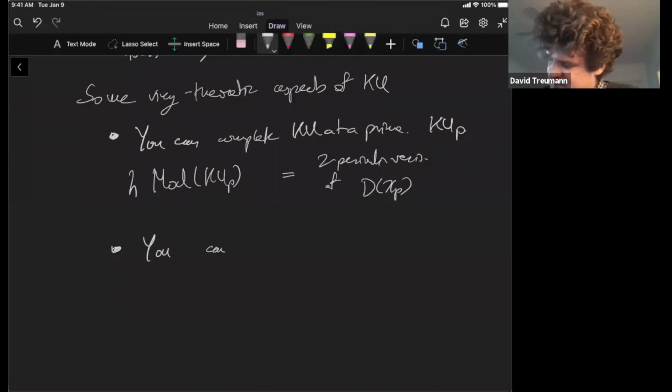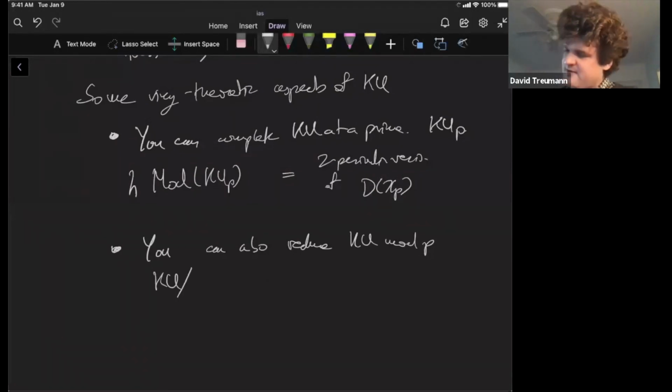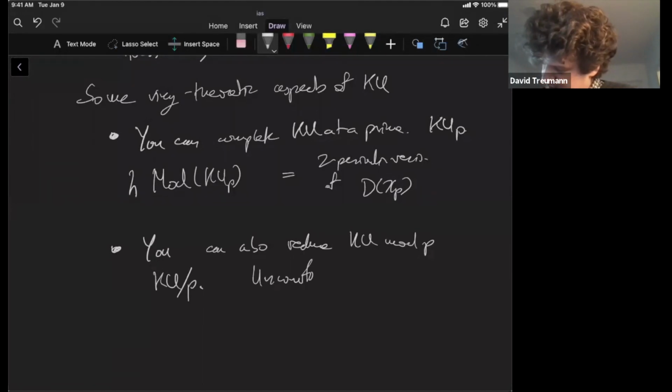You can also reduce KU mod P. You get something, let's call it KU mod P. But there's something uncomfortable about it. It's a ring spectrum, but it's not commutative as a ring spectrum.